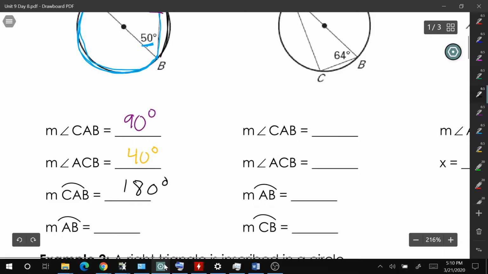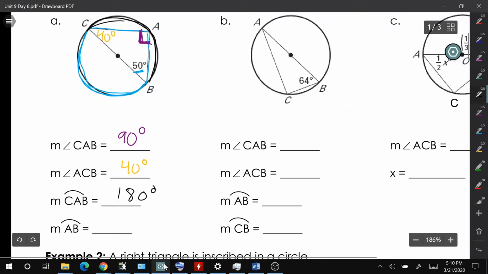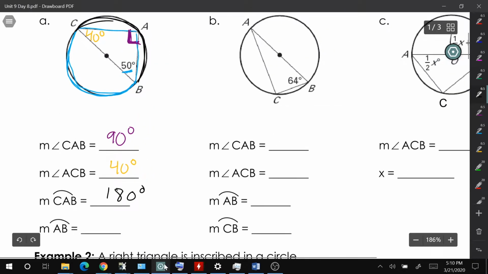And then the measure of arc AB, well, AB is just this part right here, so we have to look at that inscribed angle, which is 40 degrees, so the arc measure is 2 times 40, or 80 degrees.